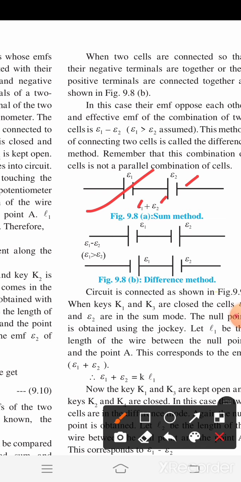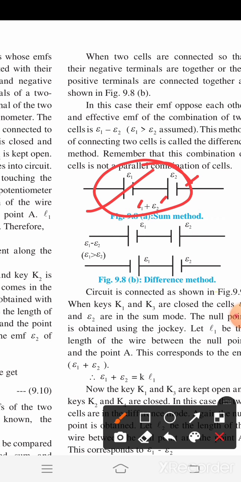This combination gives us the summation of EMF, E1 plus E2. The total or effective EMF using this combination is E1 plus E2. That is the sum method.